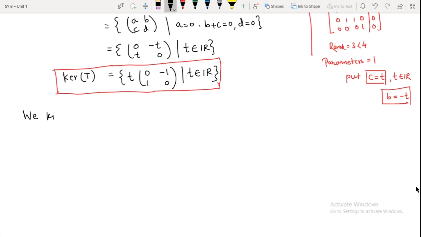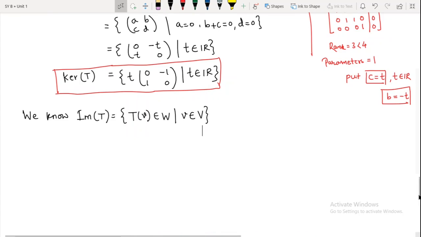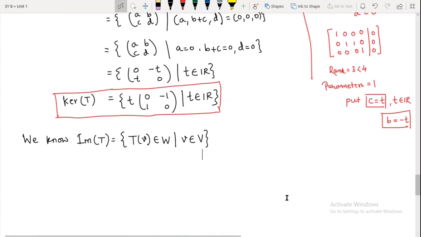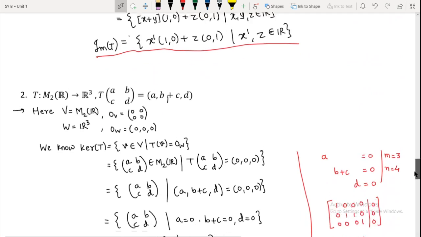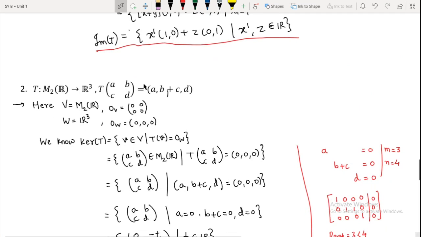So we know, what is our image of T? Our image of T is the set of all T of V belonging to W such that this V belongs to what? V, right? Now whatever notation we are going to use here for this small v, that comes from where? From here, right? So if such notation is not there in the example, then we have to introduce this notation.